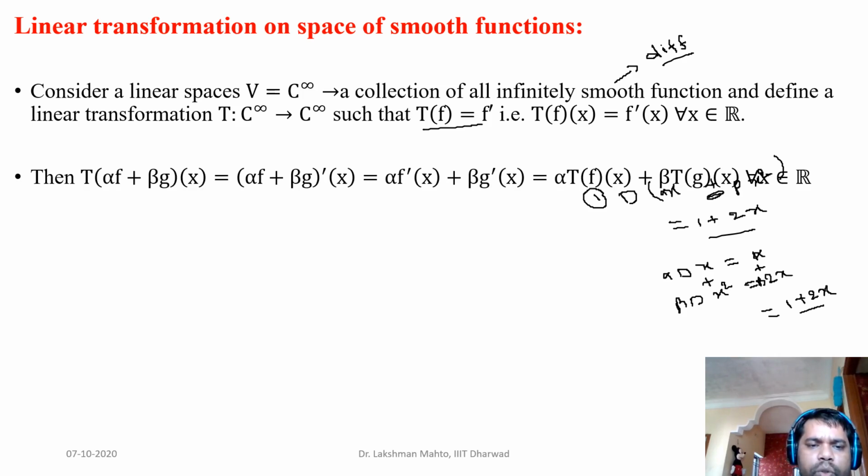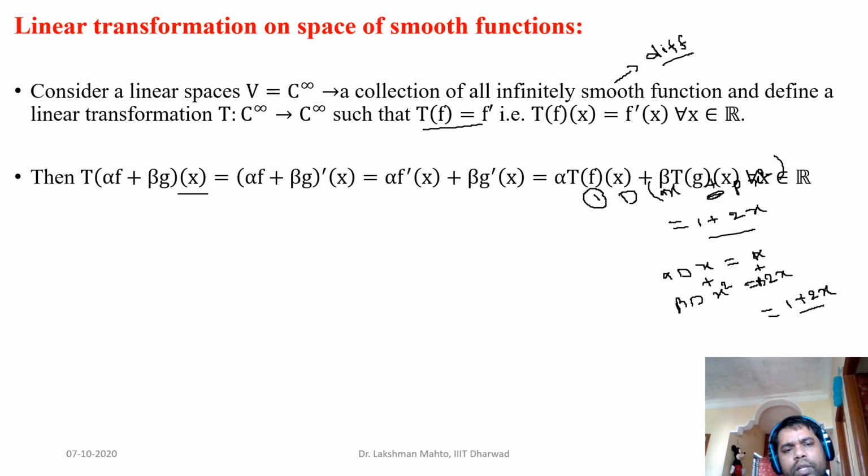So take any two functions from C infinity, that means f and g are infinitely smooth functions, sine cosine kinds of functions or exponential kinds of functions. Then you apply this T operator, the linear transformation, over a linear combination of f and g. Since f and g happen to be functions, it demands domain elements. Here T is the derivative operation.